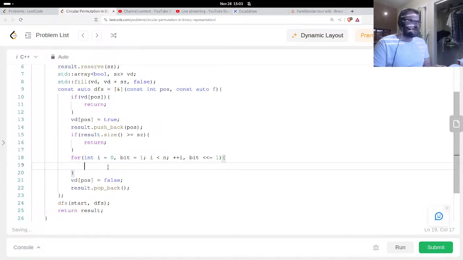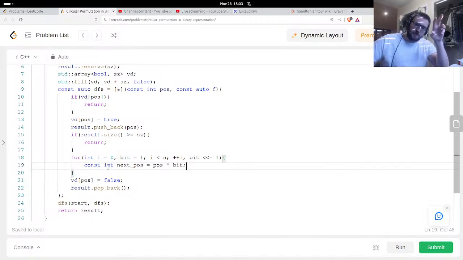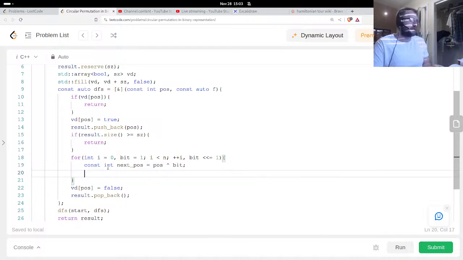Each bit, we're going to say const int next position. That's going to be this position XORed with the bit. So if there's a 0 there, it becomes a 1. If there's a 1 there, it becomes a 0. And this next position we're going to call f of next position.